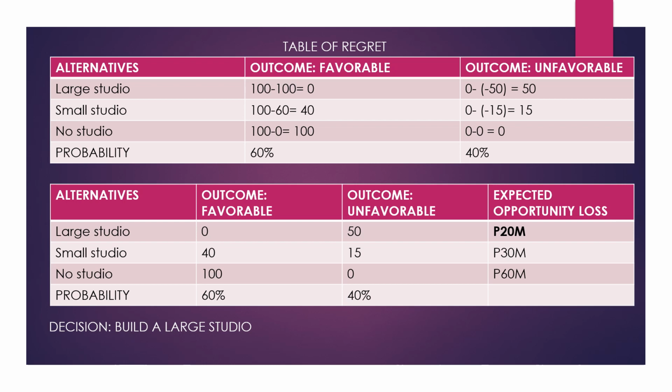Unlike the expected monetary value, where we base our decision on the highest value, for expected opportunity loss we choose, of course, the lowest loss. Whichever you use, EOL or EMV, the decision is still the same: we build a large studio. So that is the expected monetary value and the expected opportunity loss.